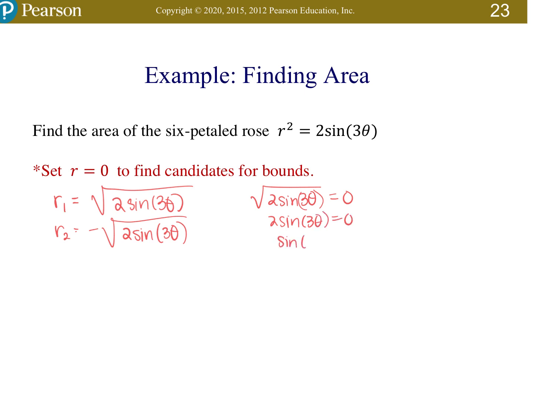Divide by 2, still have 0. And when sine of 3 theta is equal to 0, that happens at 0, pi, 2 pi, 3 pi, 4 pi, etc. But that's equal to 3 theta. A single theta would be 0, pi thirds, 2 pi thirds, 3 pi thirds, etc. So a single petal should be going from maybe 0 to pi thirds.